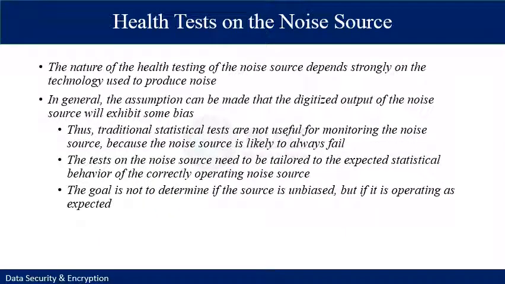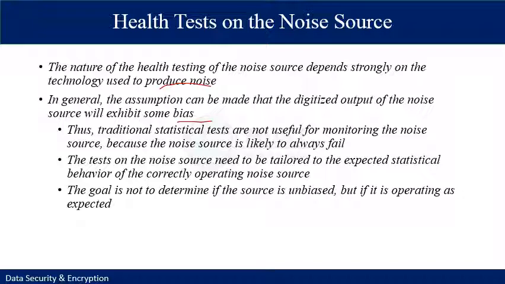So here are some typical characteristics of health tests and the noise sources. The nature of health testing on the noise source depends strongly on the technology used to produce the noise. So in general, the assumption can be made that the digitized output of the noise source will exhibit some kind of bias or entropy rate.